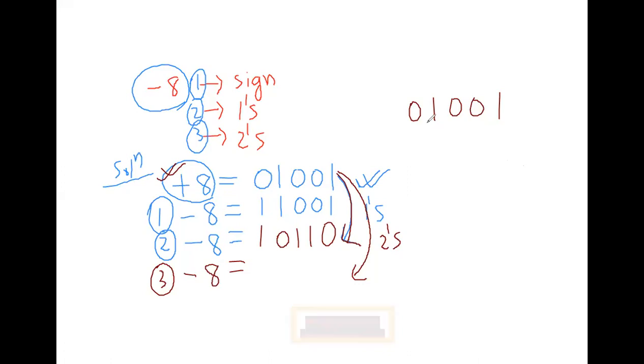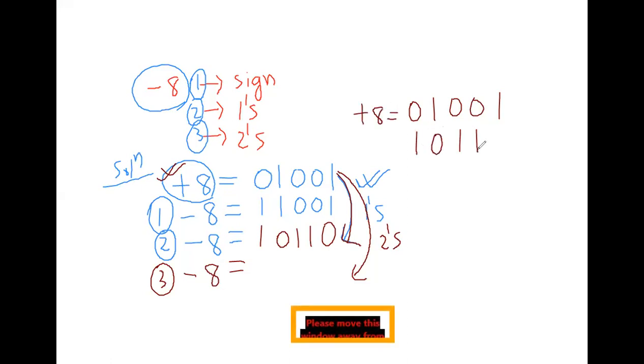So 2's complement means again, this is the +8. Its one's complement will be 1 0 1 1 0. Then just add 1 in this, so we'll get the 2's complement. So it will be 1 0 1 1 1.